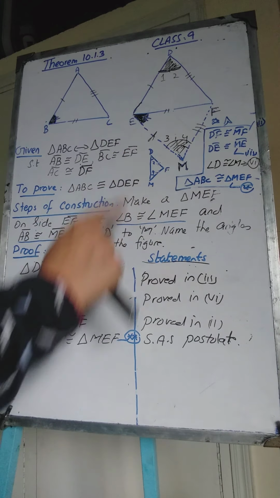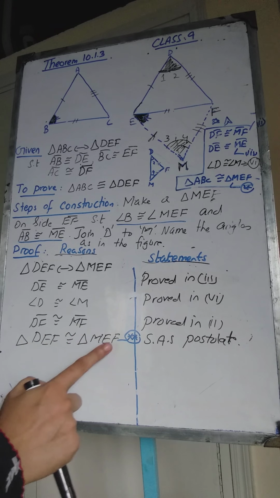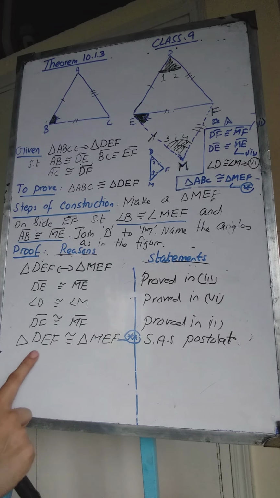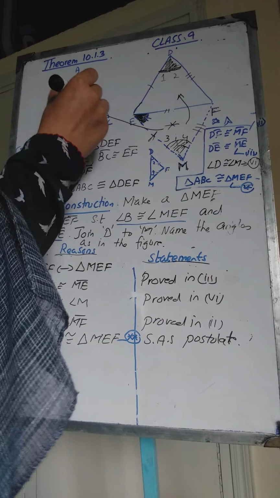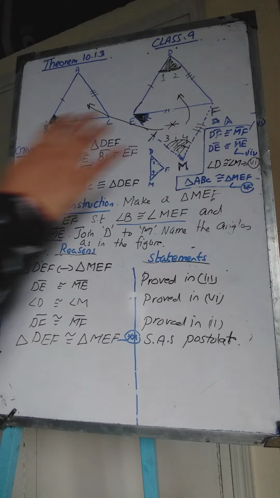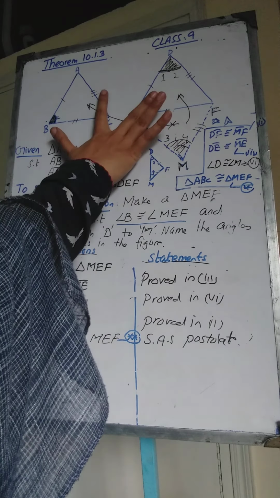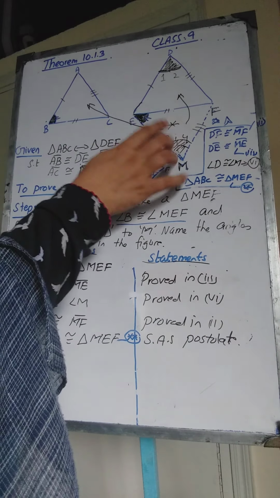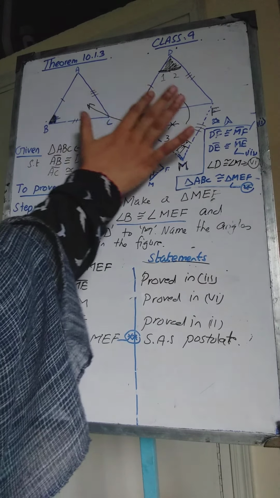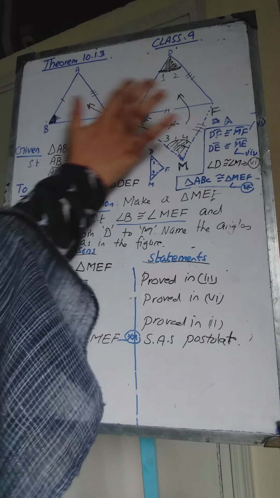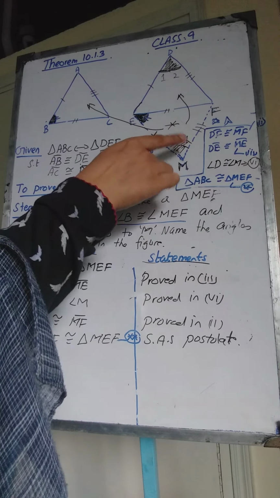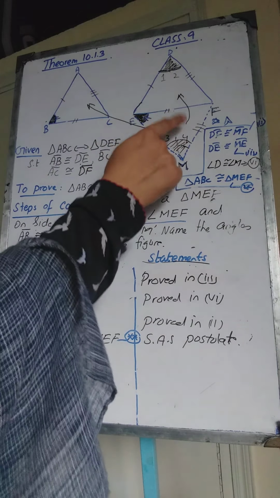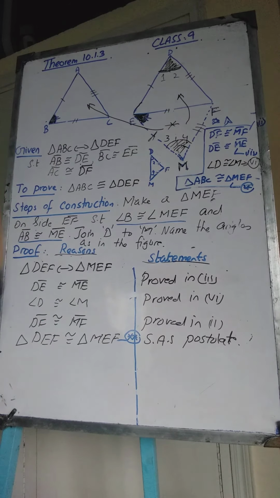So MEF is congruent to triangle ABC. This we proved in the first step. And in the last step I proved that triangle MEF is congruent to triangle DEF. So this triangle is congruent to this triangle as well as this triangle. Okay, this is only possible if both these triangles are congruent, because the same triangle cannot be equal to two different triangles. Obviously they will have the same size and shape. If they have the same size and shape as MEF, it means that they will be congruent to one another.